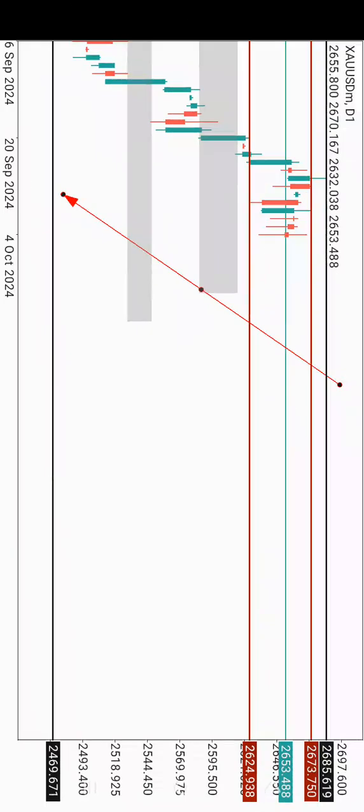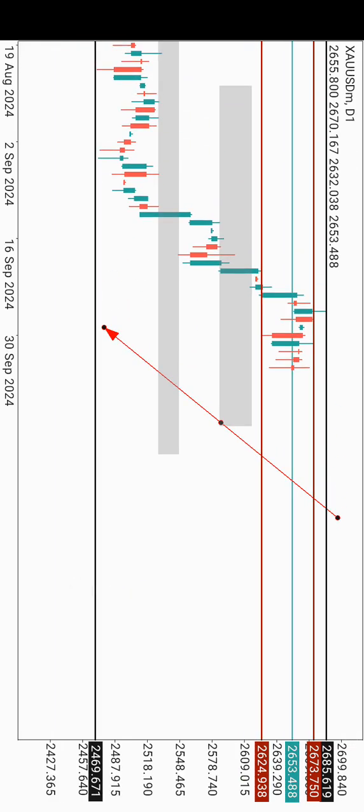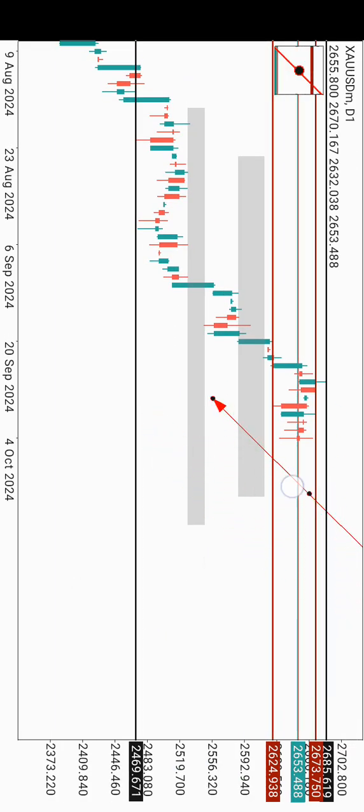As you can see on the daily, price has been ranging. See, price has been ranging on the daily for how many days? 1, 2, 3, 4, 5, 6, 7, 8, 9, 11 days now. Price has been ranging within this all-time high and 26.24.